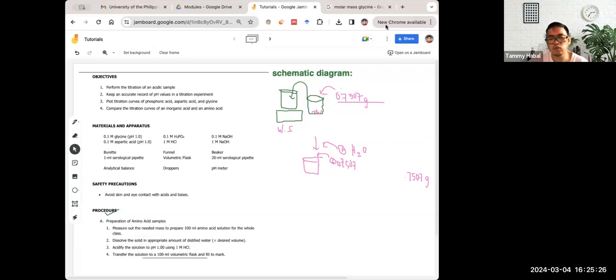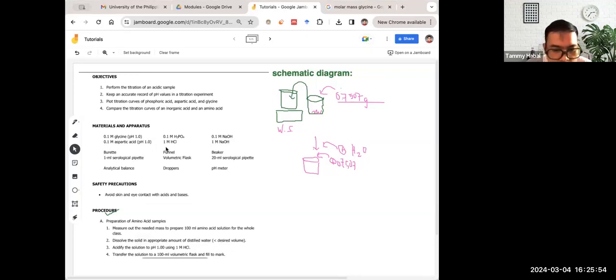So if you don't know how to get the grams of your glycine from 0.1 molar, you'll have a hard time. Okay? Sige, I'll cut you some slack first kasi this is a step-by-step procedure.